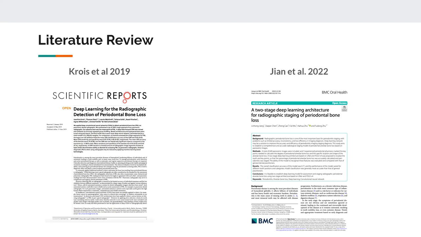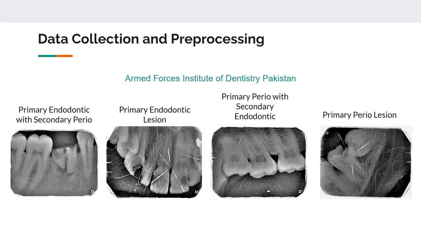But moving on. The data set I used was from a public posting on Kaggle by Mohammed Sajjad. Kaggle is just a platform for data scientists and other engineers to post data sets to be used for projects like this. The data set consisted of 534 X-rays from the Armed Forces Institute of Dentistry in Pakistan.